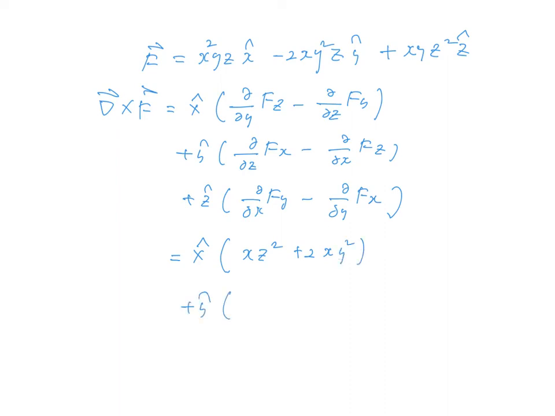Fx is x squared y z. If you differentiate by z, you get x squared y. Minus fz, x y z squared. If you differentiate by x, you get minus y z squared. So it can be non-zero.